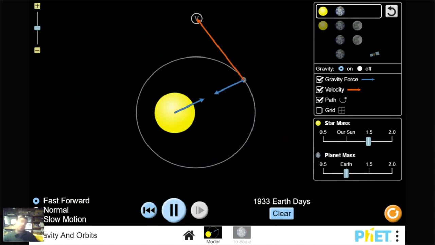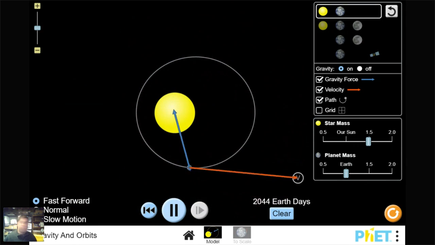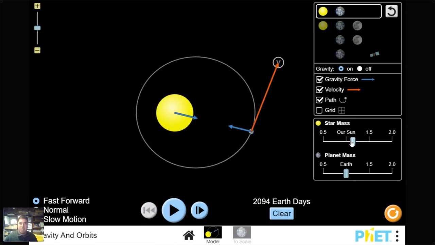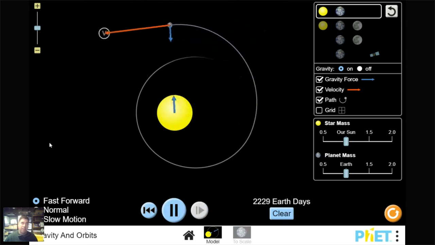So that's interesting. So far, if we change the planet's mass, it didn't really change much. But if I change the star's mass, not only did it change the force between them, it also changed very drastically the shape of the orbit and the path that it would follow.